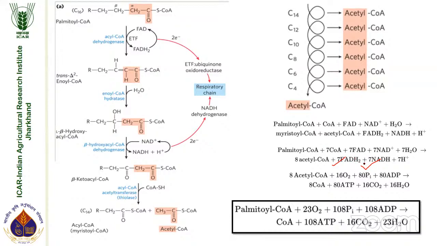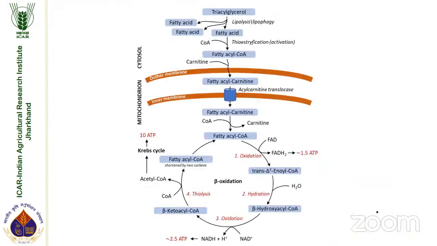Further, this acetyl CoA will be oxidized in the TCA cycle, and if you go on calculating, it will generate 108 ATP per palmitic acid. So one fatty acid oxidation of this chain length will lead to production of 108 ATP.